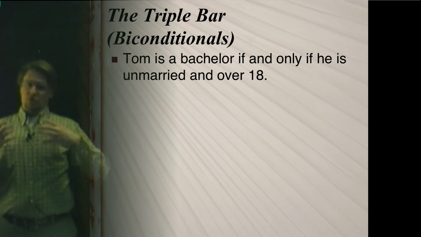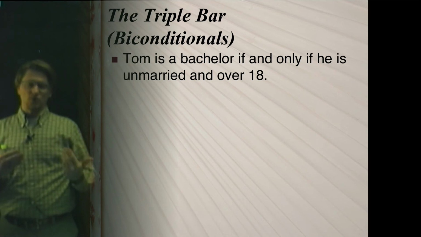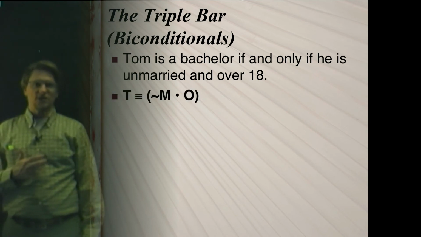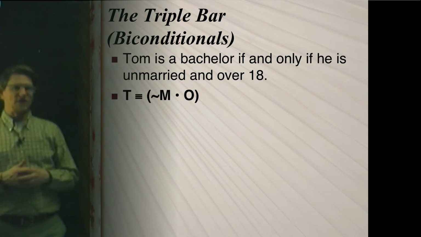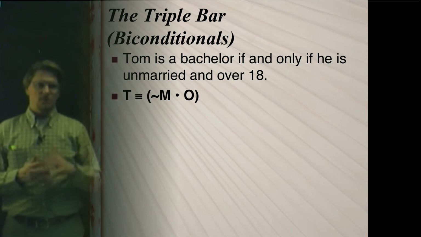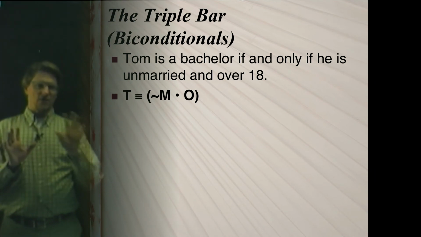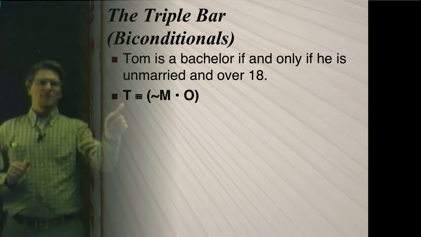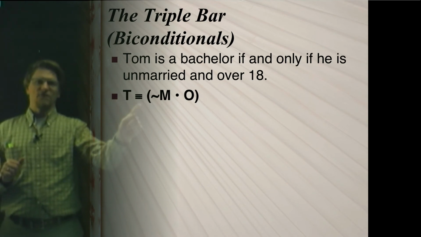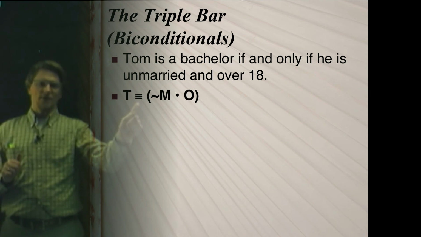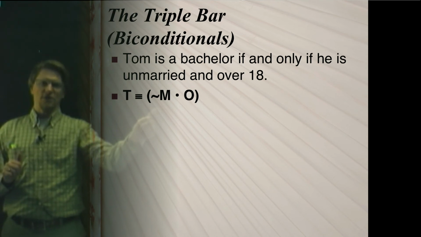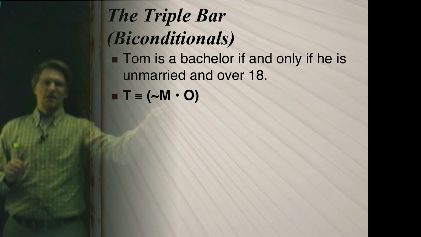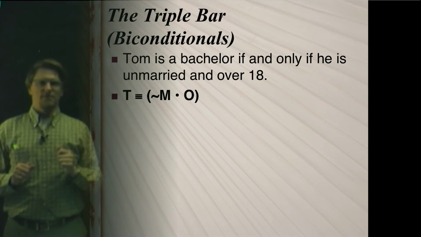And so the key here is that anytime you see if and only if, as you can see in the correct translation here, you simply replace that if and only if with a triple bar. You see it there. So what we're looking at here, it's a longer sentence, but what we're looking at is Tom is a bachelor, if and only if, what? Well, Tom is not married, unmarried, not married, and over 18.